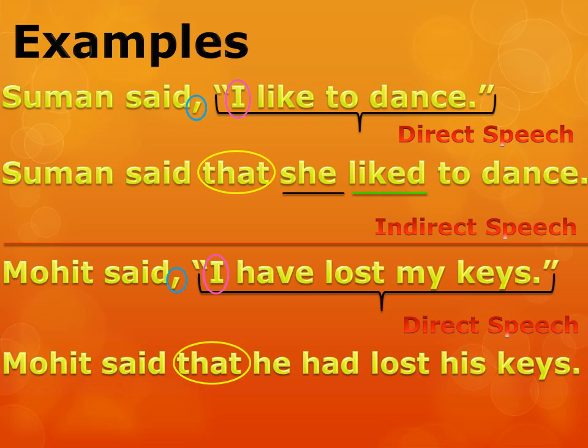Then the pronoun I has undergone a change and it has become he. My has become his. There is a change in tense also. Have has been changed to had. So this is indirect speech.